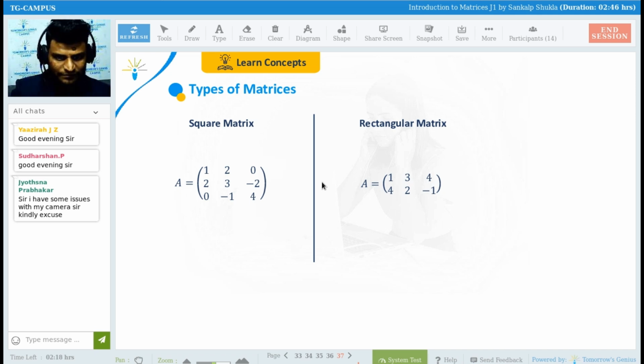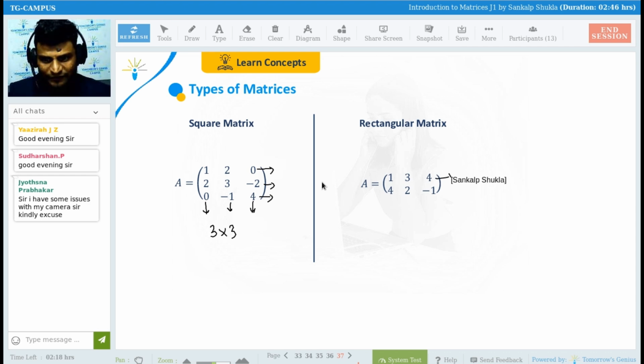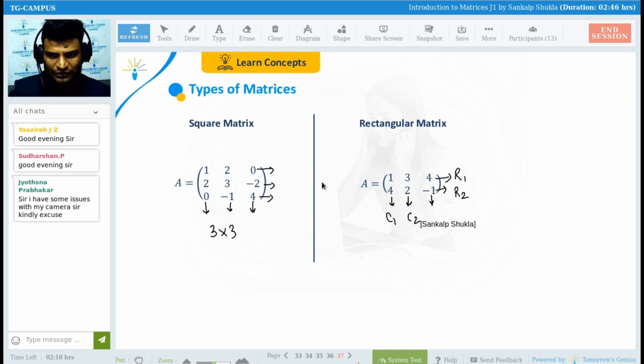Here we can see 3 rows and 3 columns. Yes, 3 cross 3 is the order, and it is a proper square. But here we can see that there are only 2 rows, R1 and R2, but columns are 3, C1, C2, C3. So 2 cross 3 is the order.